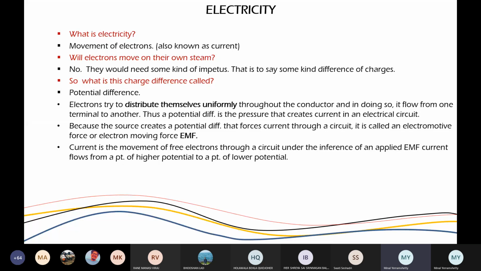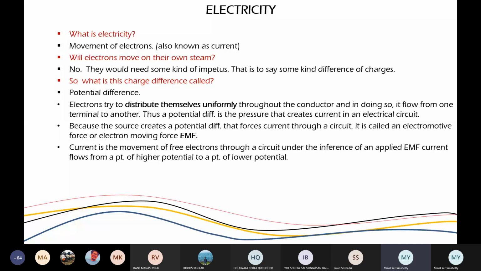Current is the movement of free electrons through a circuit under the influence of an applied EMF. Current flows from a higher point to a lower point, that is, from higher potential to lower potential, which is very straightforward. Volt is nothing but the measure of EMF or potential difference.